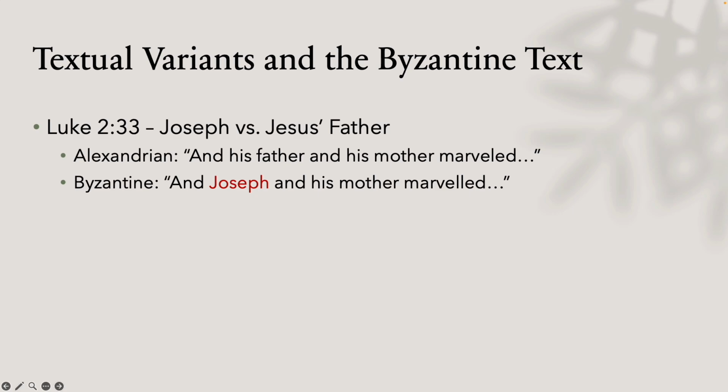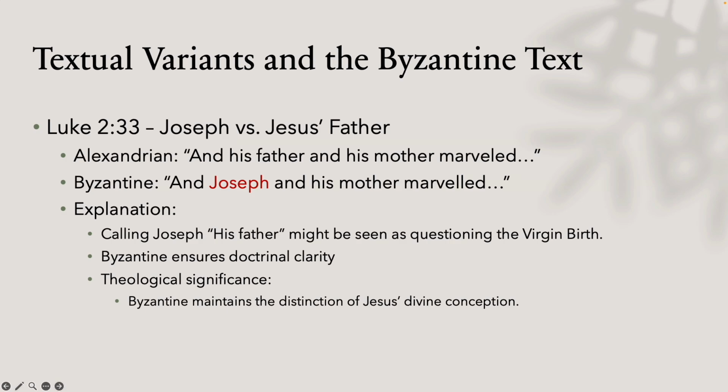So some of the explanation of this, calling Joseph his father might be seen as questioning the virgin birth, which was quite significant at this time because that was a theological controversy early in the first couple of centuries. Some were, which is what they were dealing with at Nicaea, because the Arians were claiming that he was just a man, not divine.